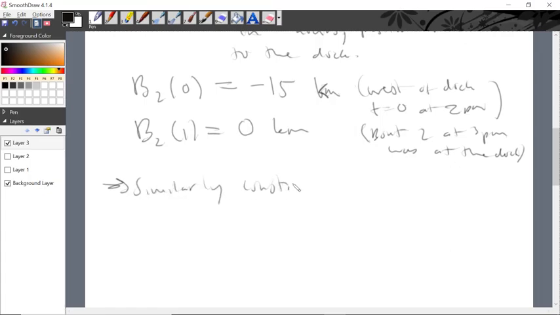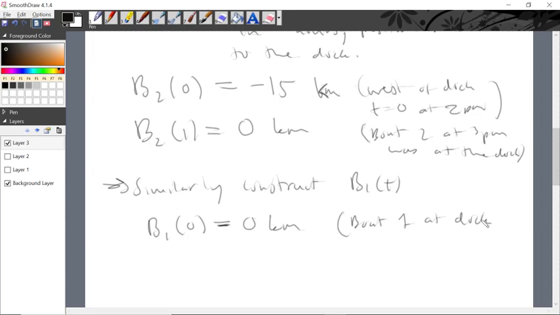Similarly, I'm going to construct a function b1 of t. So we have that b1 of 0, that would be position at 2 o'clock. At 2 p.m., boat 1 was at the dock.